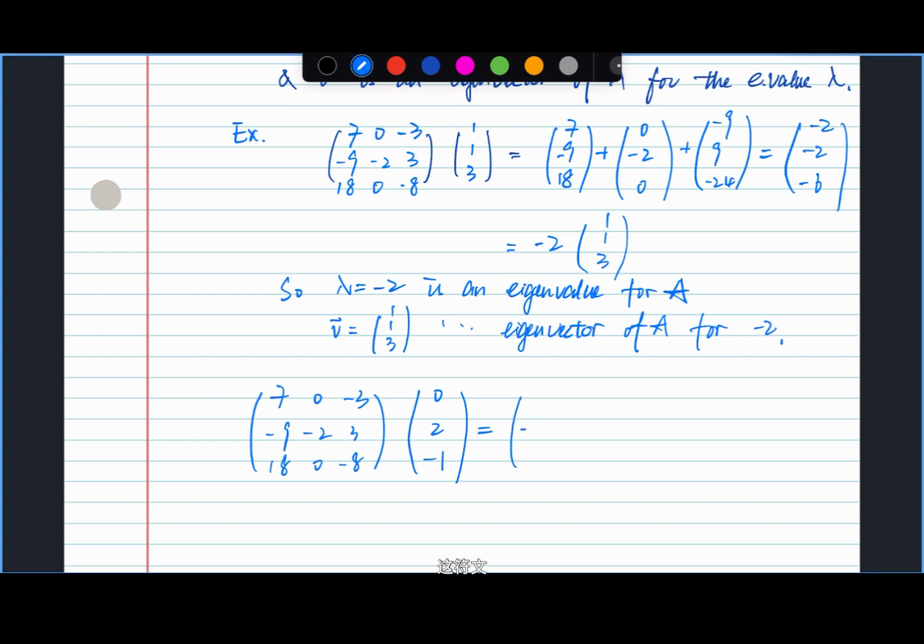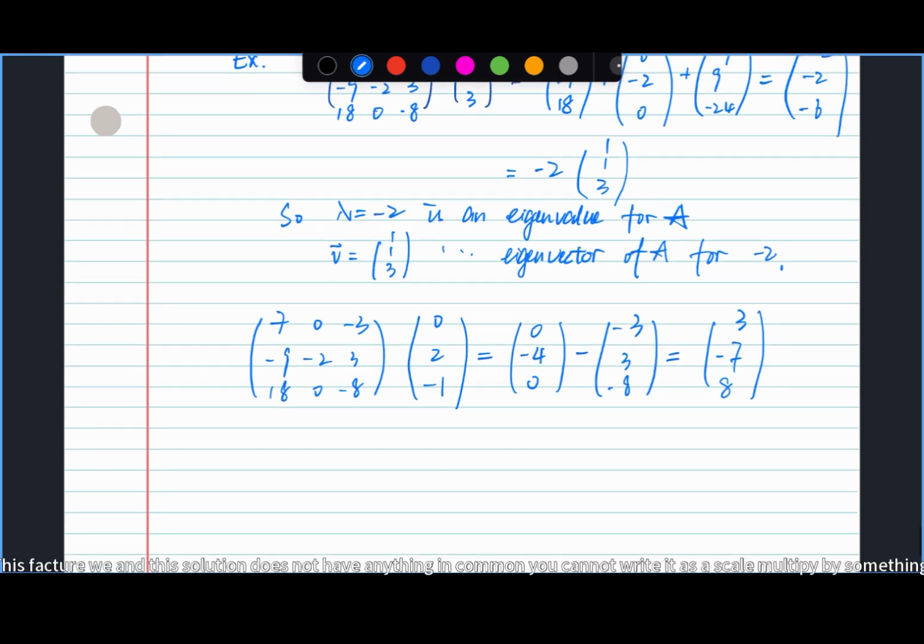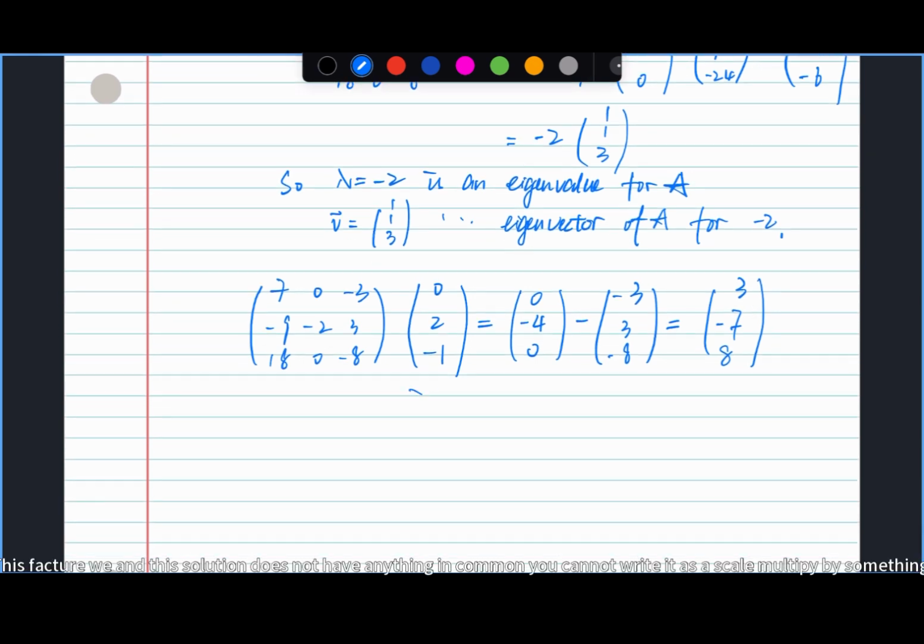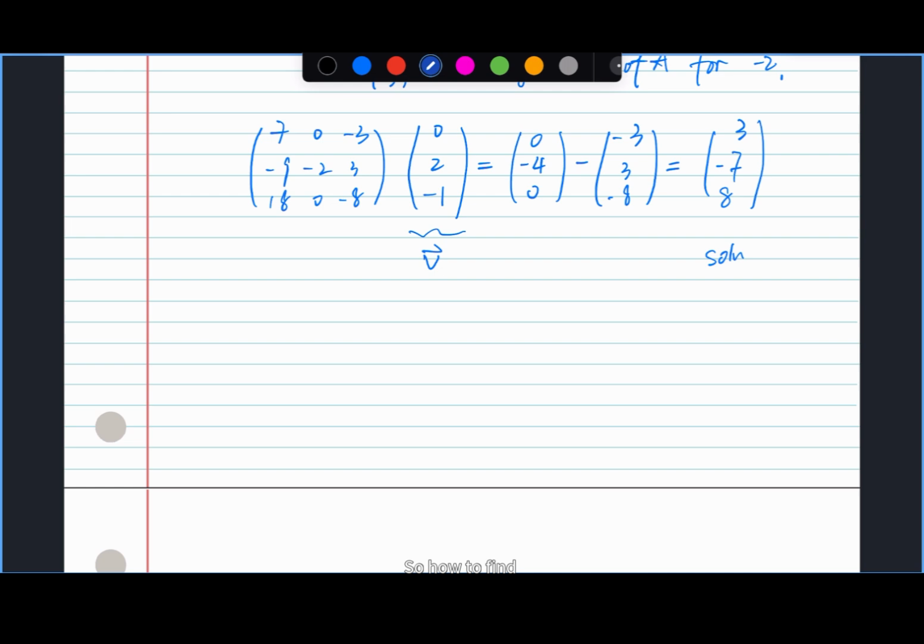So I have negative 4 minus... equals. Okay, so in this case, this vector v and this solution do not have anything in common. You cannot write it as a scalar multiplied by something. So how to find them?